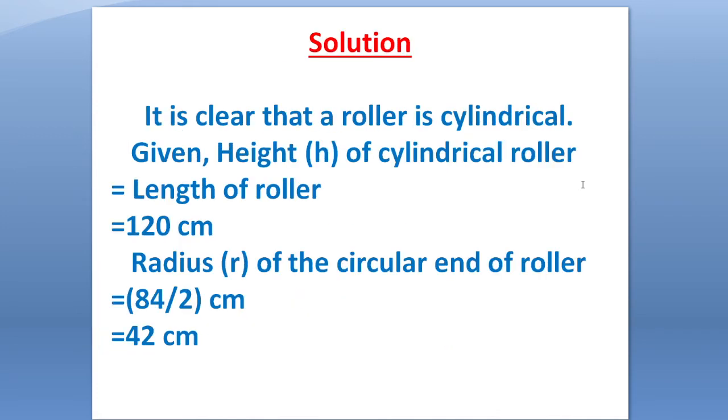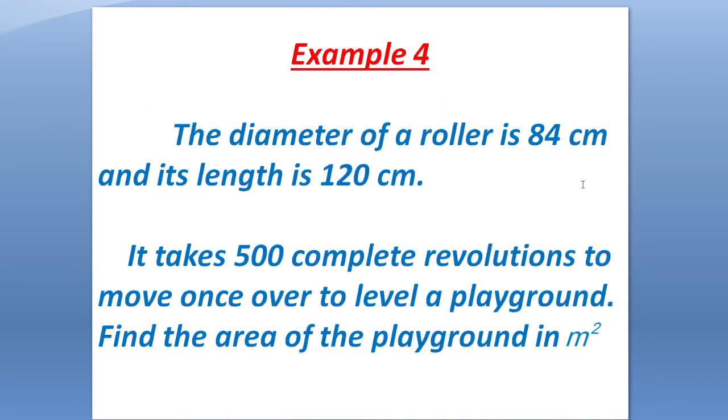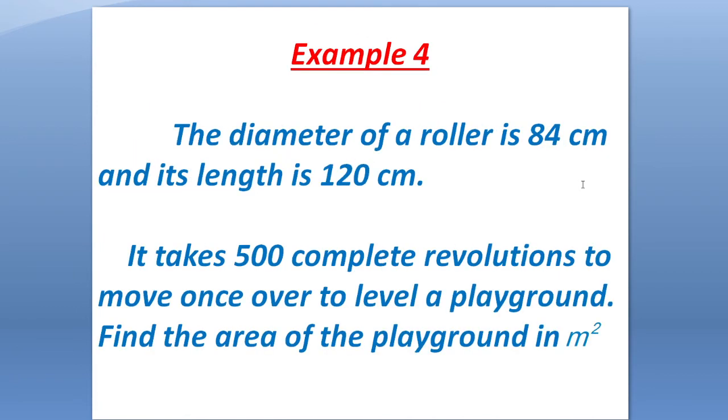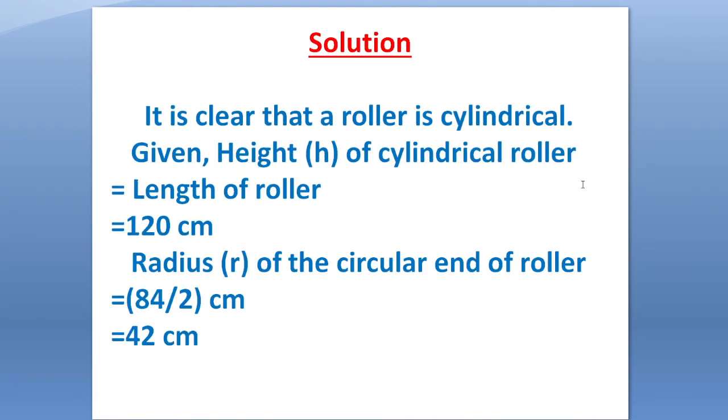So now solution. It is clear that a roller is cylindrical. So given height h of cylindrical roller is equal to length of the roller. So length is given 120 centimeter. Radius r of the circular end of roller is, diameter is 84, so radius is 84 by 2 centimeter is equal to 42 centimeter.